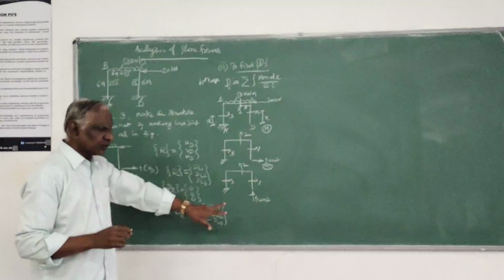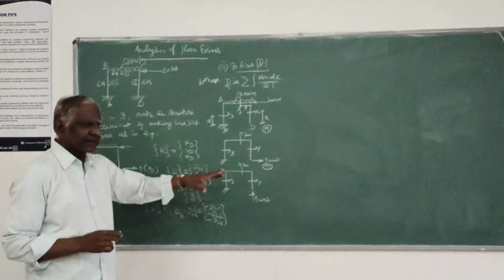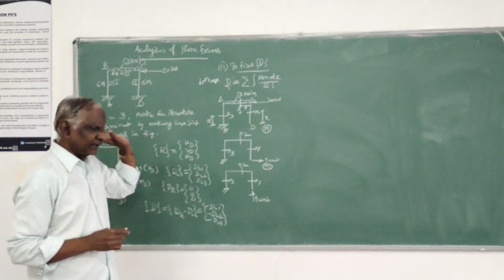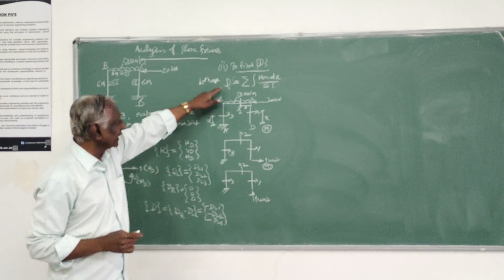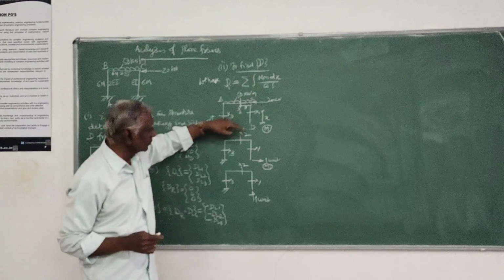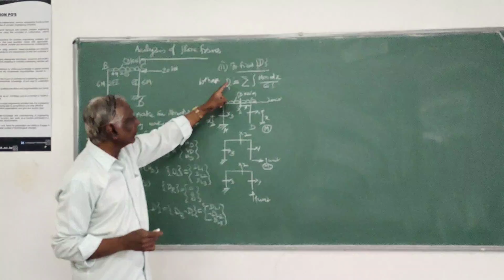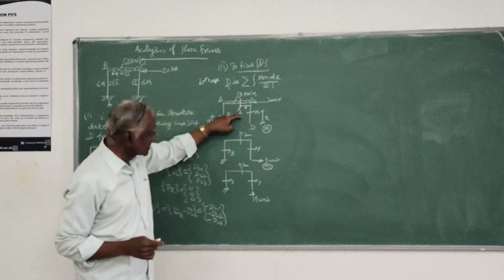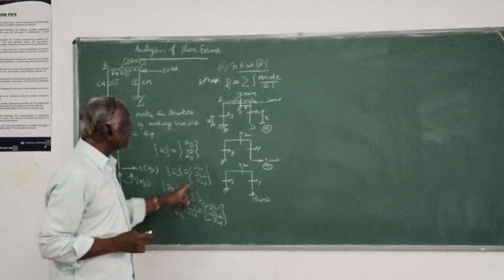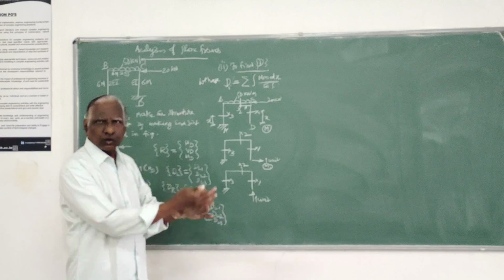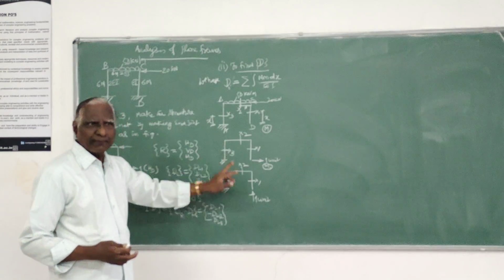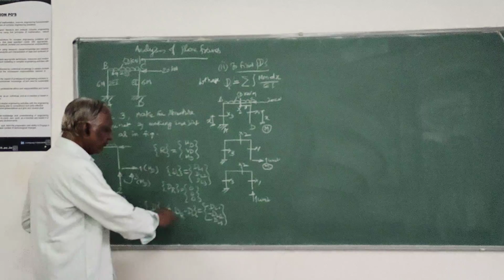I have to find out what the moment is due to this load, and due to the external load. Then for finding DL1, I have to use m1. For finding DL2, I have to use m2. For finding DL3, m3. That's the procedure we follow in the dummy load or unit load method of finding displacement.